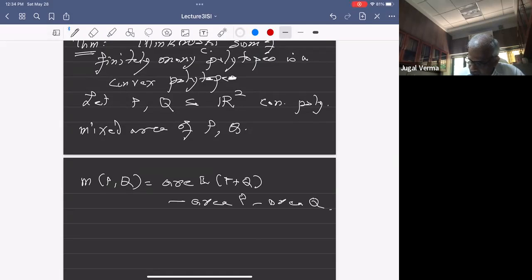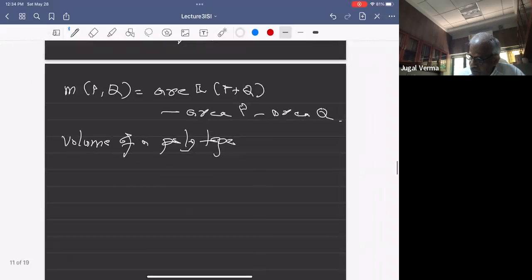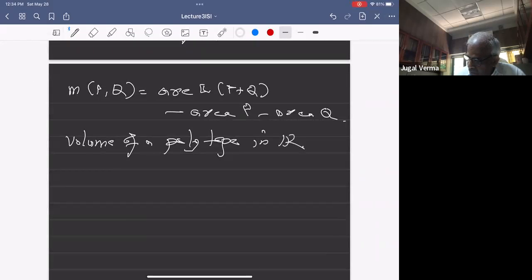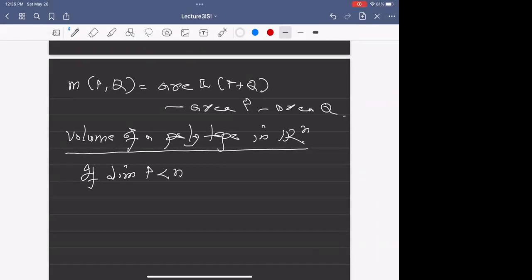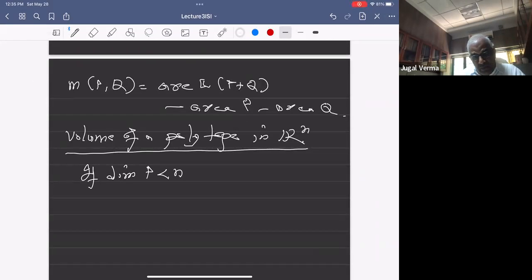So I must define what volume is in order for this to make sense. Volume of a polytope in Rn. First of all, if the dimension of a polytope is less than n, say a line segment in the plane, its area will be declared to be 0. But if you have a polygonal region like a square or a rectangle, then it will have an area.